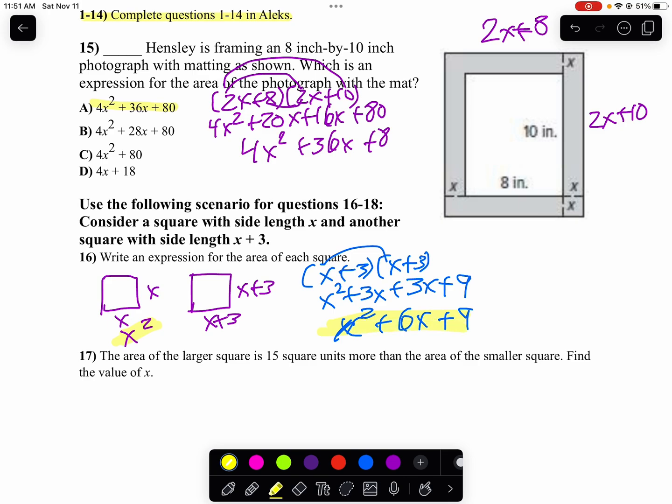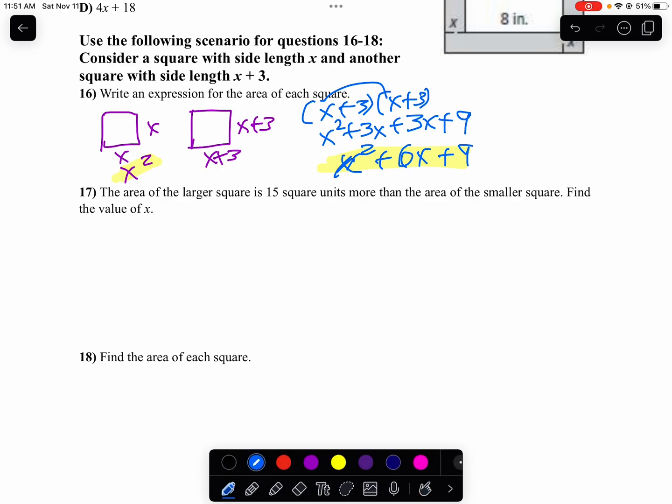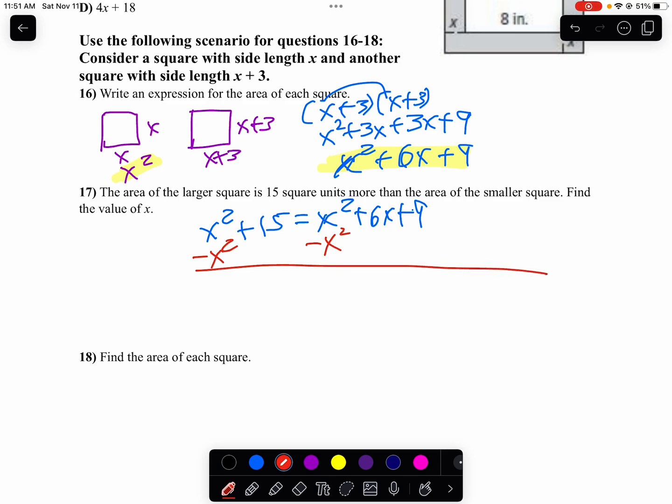Now in question 17, it said if the area of the largest square is 15 more than the area of the smallest square, I want to find the value of x. So we're going to make an equation out of this. And so if I add 15 to the smaller square, I'm going to get the bigger square. So if I subtract x squared from both sides, notice they cancel, because x squared minus x squared is 0.